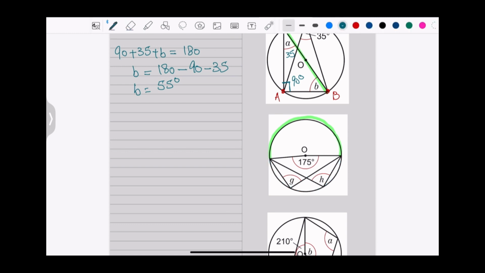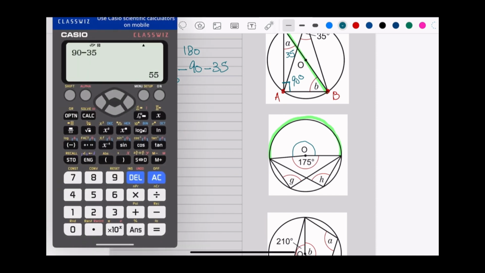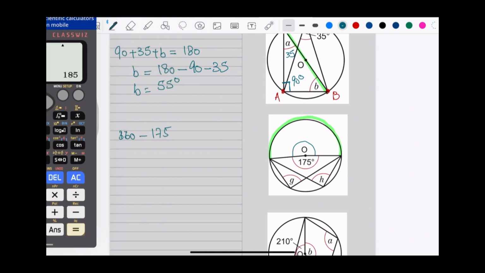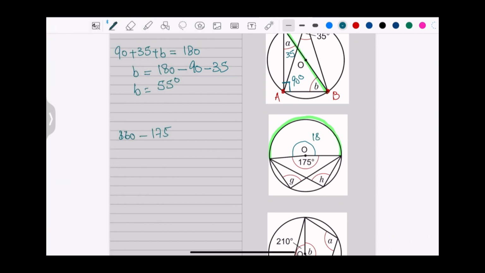We need this angle at the center, and this can be 360 minus 175, which gives you 185. So this angle here is 185 at the center, and this is facing this arc.